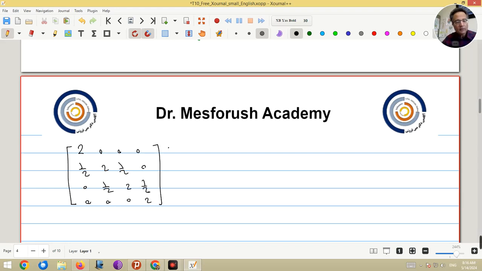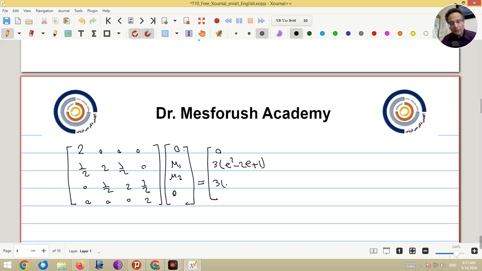This is the coefficient matrix, and 0, m1, m2, 0 is the unknown vector. In the right hand side I have 0, 3 times (e squared minus 2e plus 1), 3 times (e cubed minus 2e squared plus e), and 0.